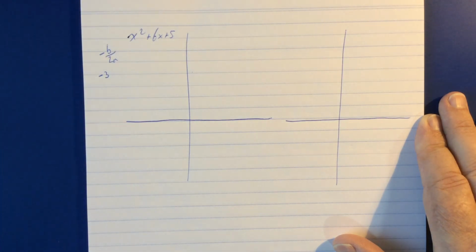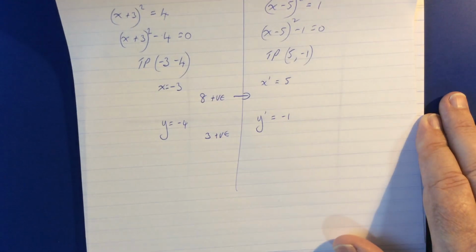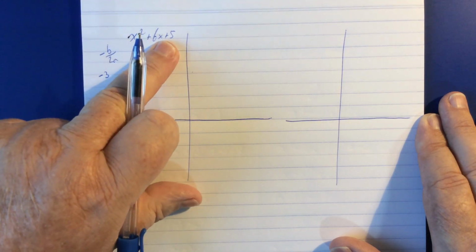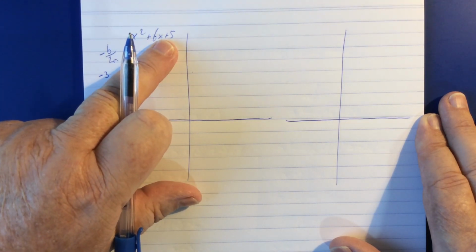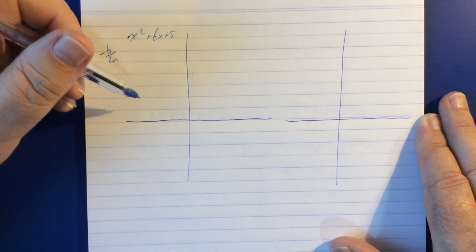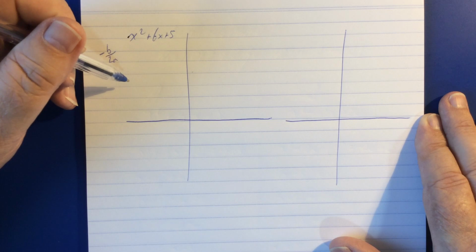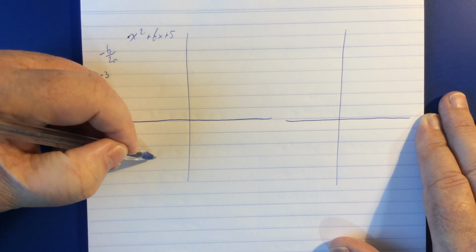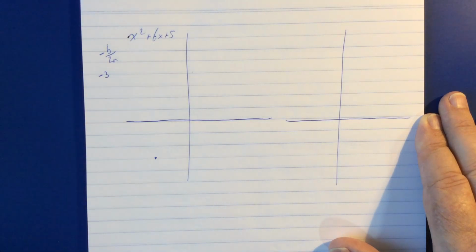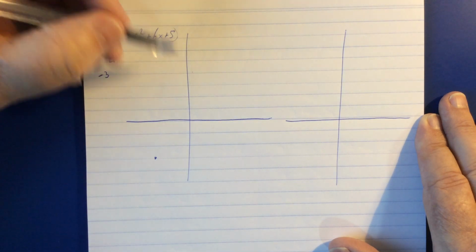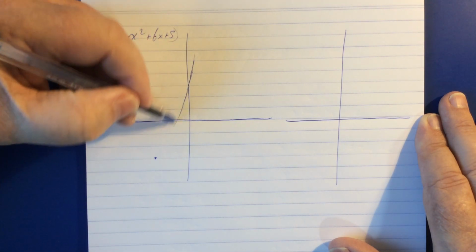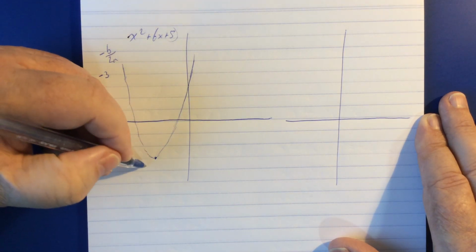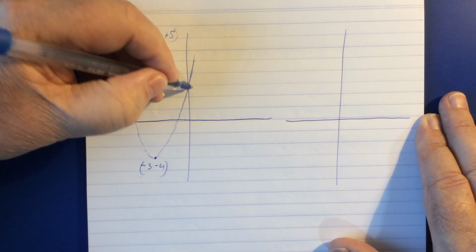What a surprise! We already know that. You can see that clearly here. Negative 3. We can put negative 3 into this. I won't waste time doing that. It gives us a value of negative 4. So we have negative 3, negative 4. Let's park this roughly here. We know from this that the y-intercept is 5. So this thing looks roughly like this. And this is negative 3, negative 4, and this is 5.